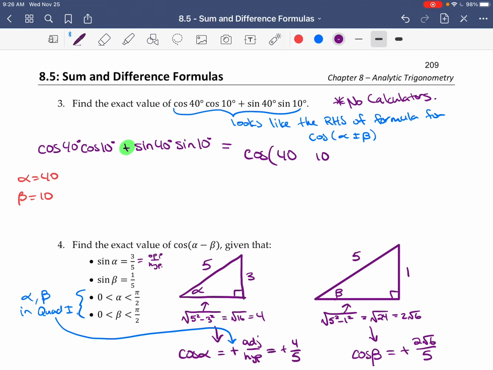So it's going to be 40 and 10, and it's going to be a minus instead. So this is cosine of 30 degrees. Now cosine of 30 degrees is a nice one that we know. So that's going to be root 3 over 2.